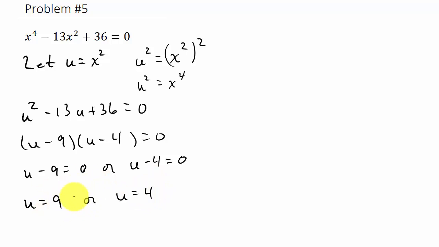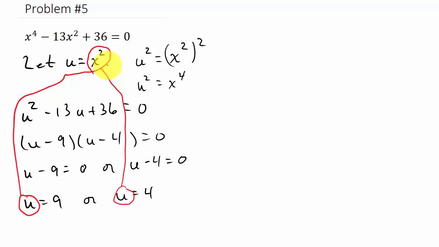Now, we're solving for x, not u. So the u I'm going to replace with what it equals. U equals x squared. And I'm going to replace this u also with x squared. So putting x squared in for u, that's x squared equals 9. Or, putting x squared in for u, that's x squared equals 4.